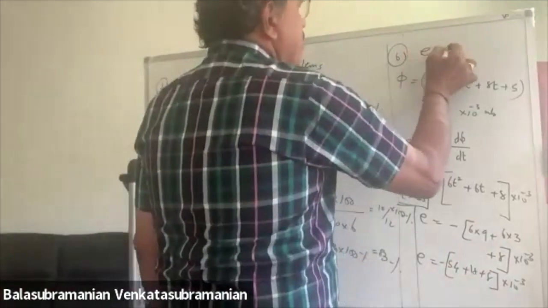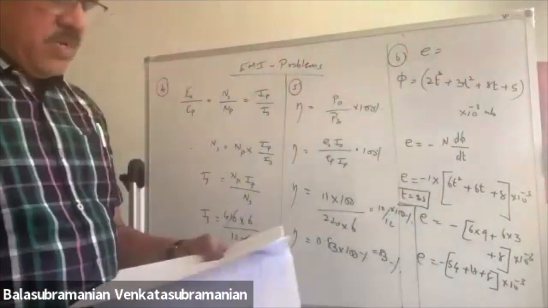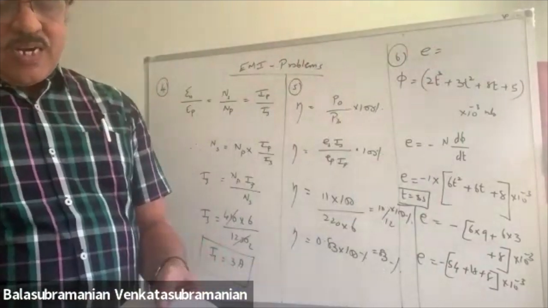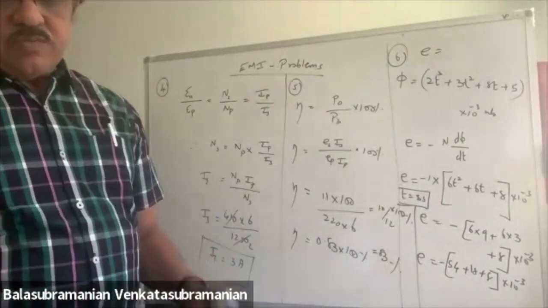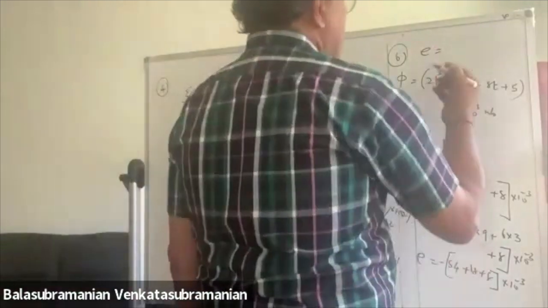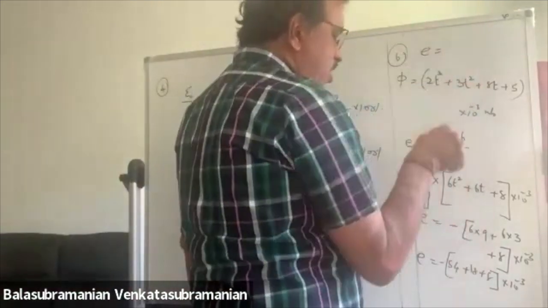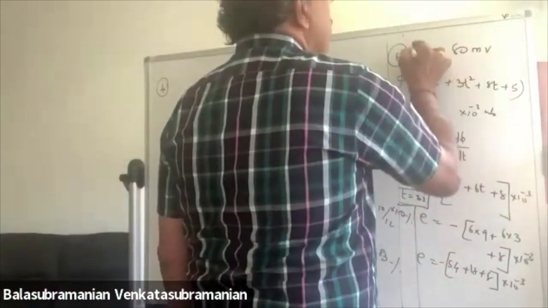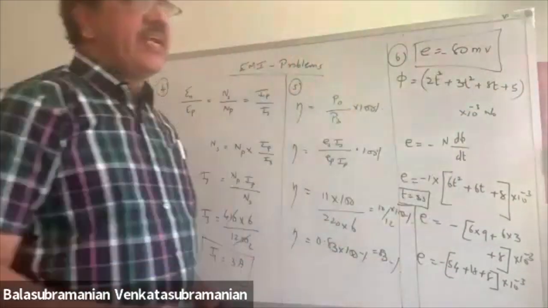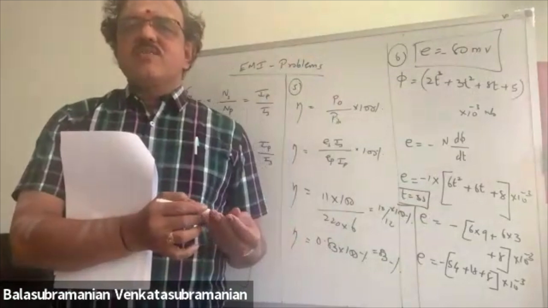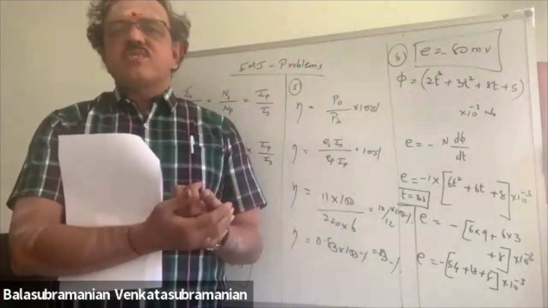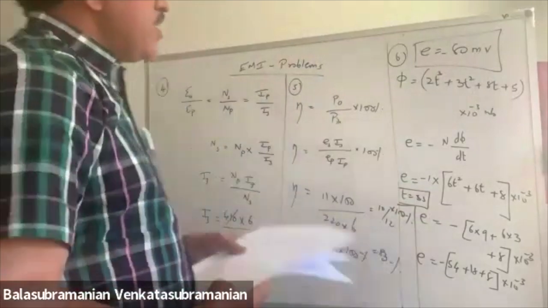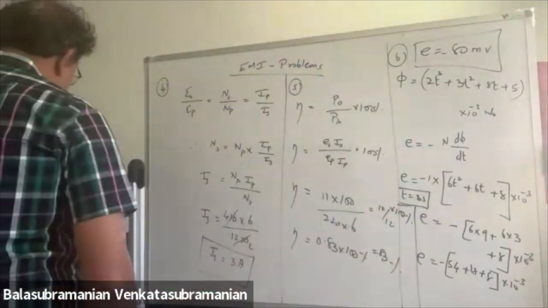So E will be minus 80. The question is the magnitude of induced EMF. Actually it is minus 80 millivolts, but magnitude alone means you can write 80 millivolts. Correct? So this is induced EMF in the coil.